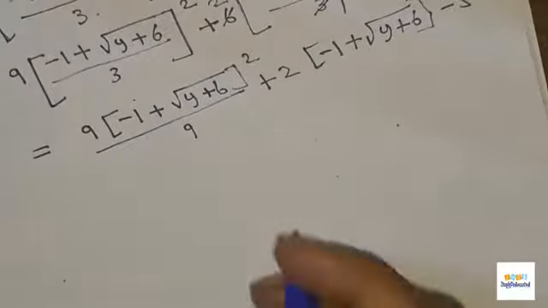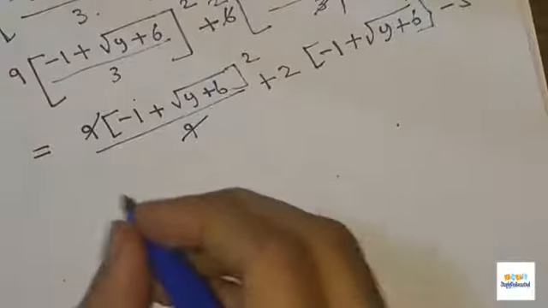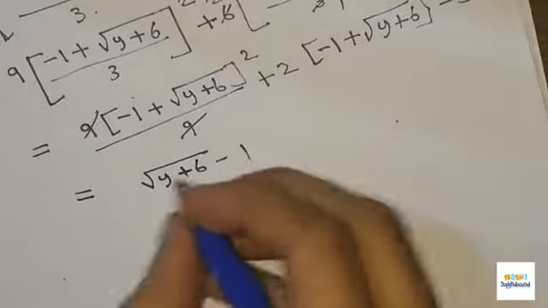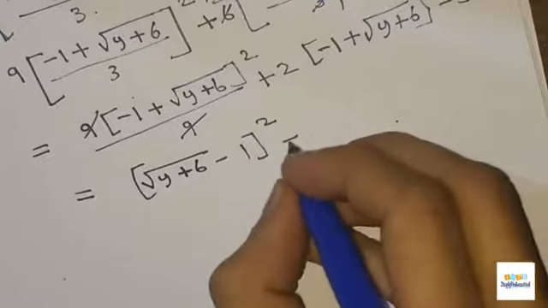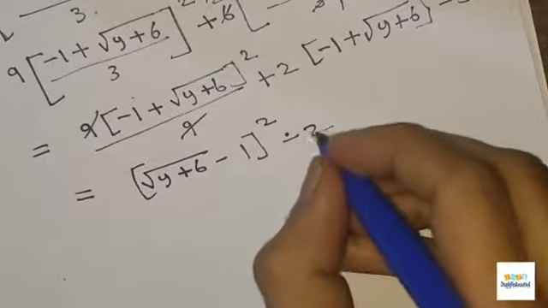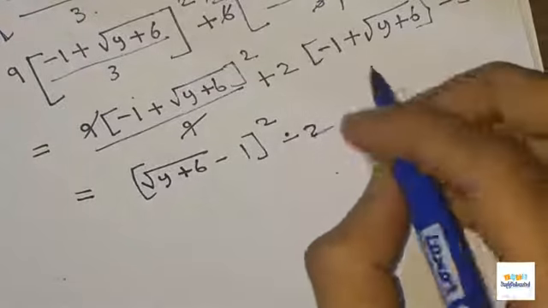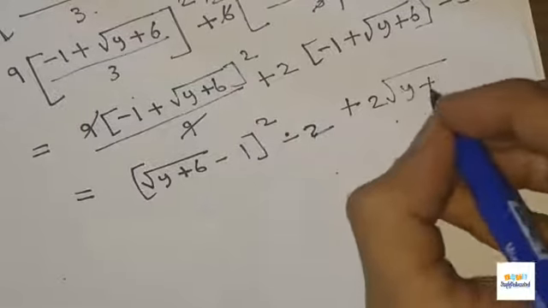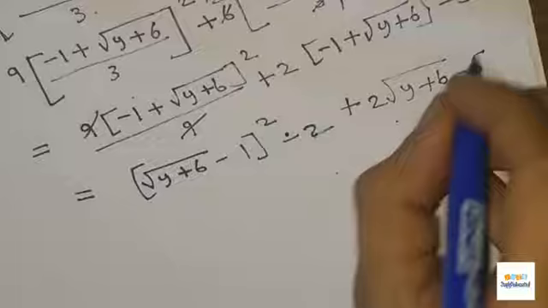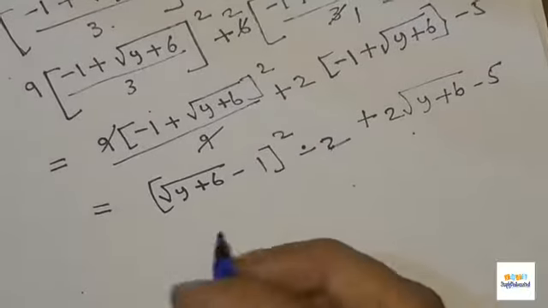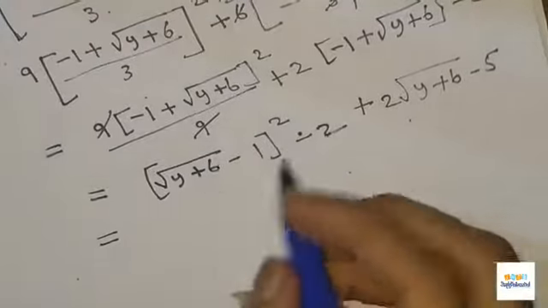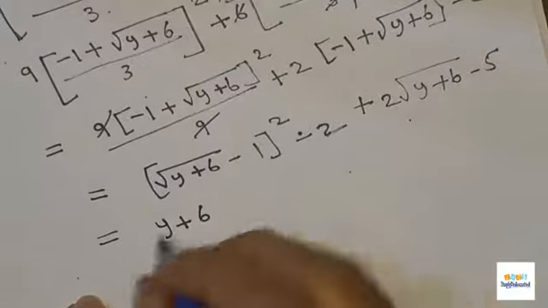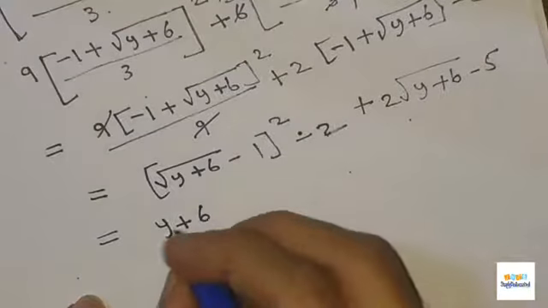So this we are getting. So 9 and 9 will get cancelled. You will get root of y plus 6 minus 1 the whole square, minus 2, right? 2 multiplied by minus 1 is minus 2, plus 2 times root of y plus 6 minus 5. Now if we calculate this, we are using the a minus b the whole square formula.